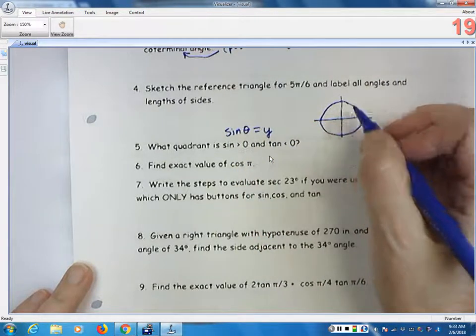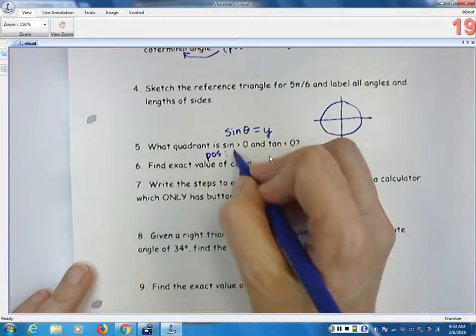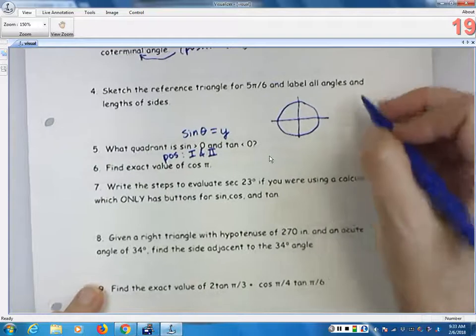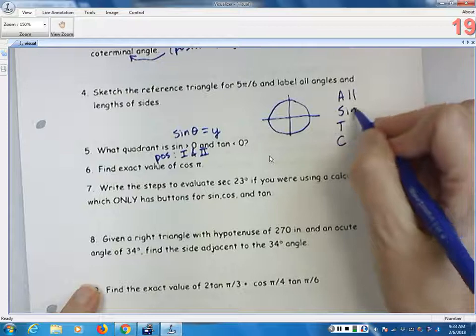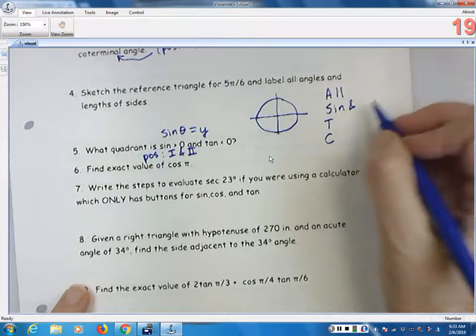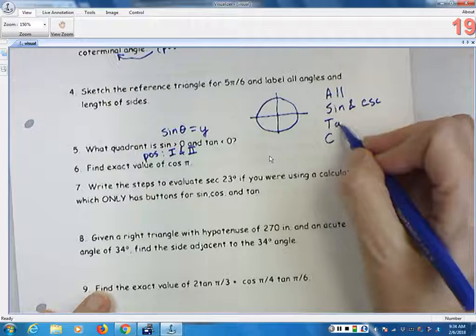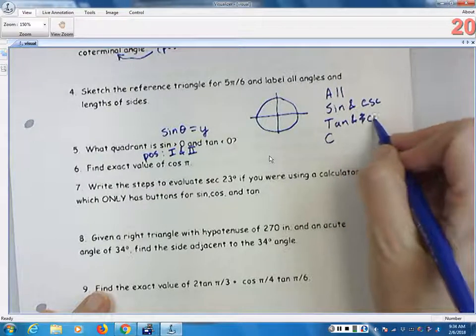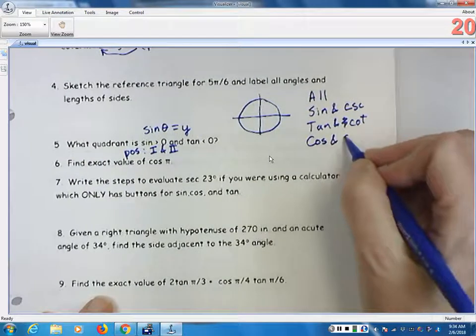So sine is positive in quadrants 1 and 2. You could also memorize it: all, sine and its reciprocal cosecant, tangent and cotangent, and cosine and its reciprocal secant.